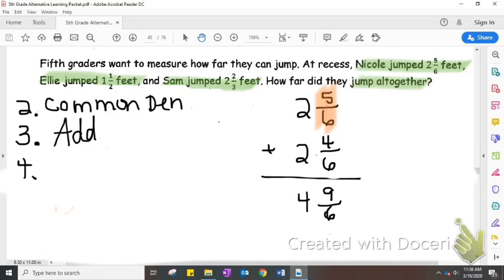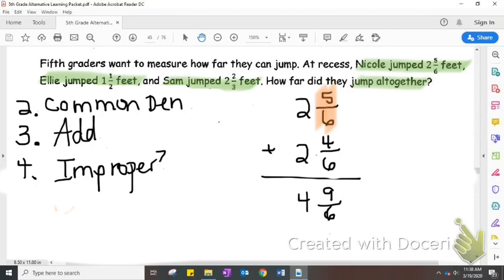Step 4, if you're adding, you want to check, did you get an improper fraction? We did. 9/6 is improper because the numerator is greater than the denominator. Alright, so you guys know a couple different ways to convert an improper fraction to a mixed fraction.